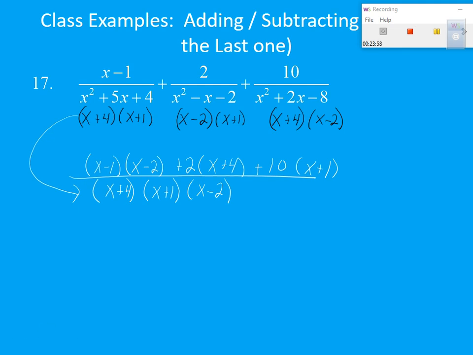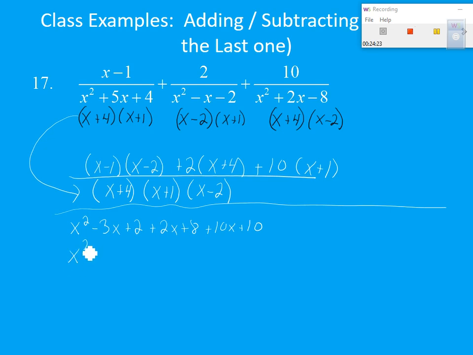Now, we've got to keep on doing some algebra here. I'm going to FOIL out the x minus 1 and x minus 2. So I've got x squared minus 3x plus 2 plus 2x plus 8 plus 10x plus 10. I'm going to simplify that, and then I'll put it over the denominator.